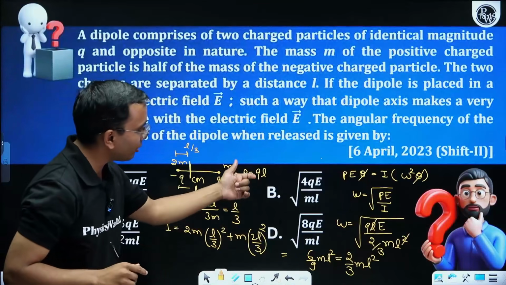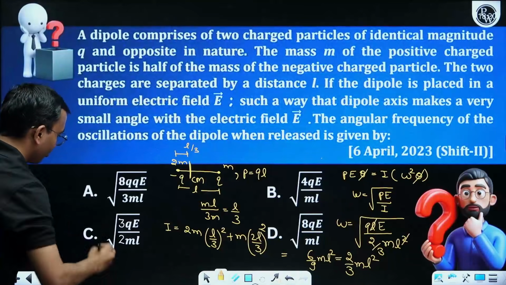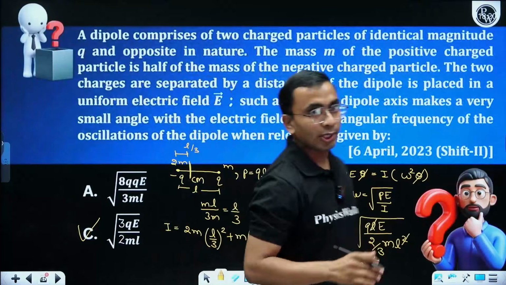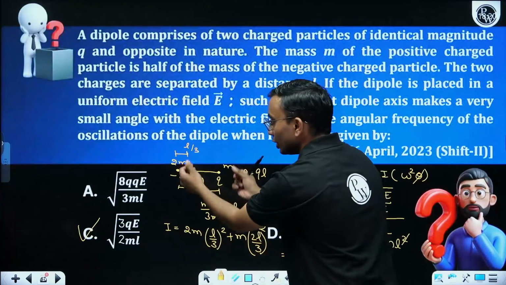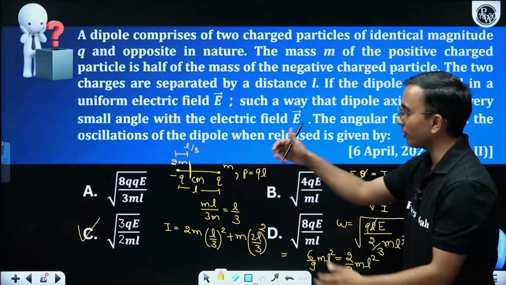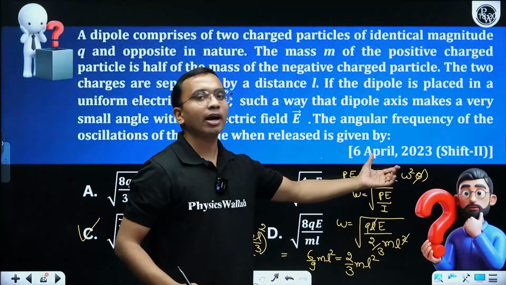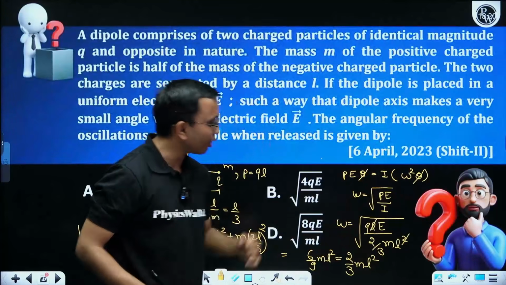This will become root of 3 by 2 QE by mL. That is option C. The important point was, the masses are different, so you need to write the moment of inertia about the center of mass, that is our inertial frame of reference. About that we wrote the torque, and that torque equals I into alpha. From there I wrote alpha as minus omega square theta, and from there I got omega.